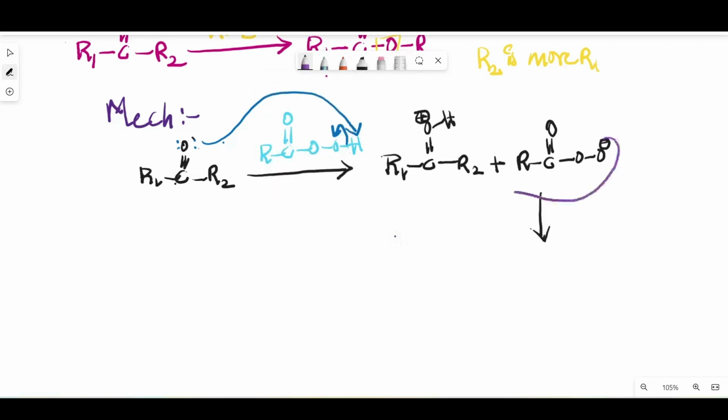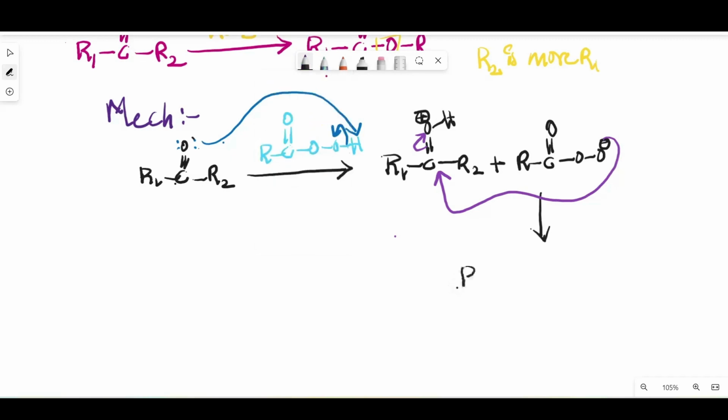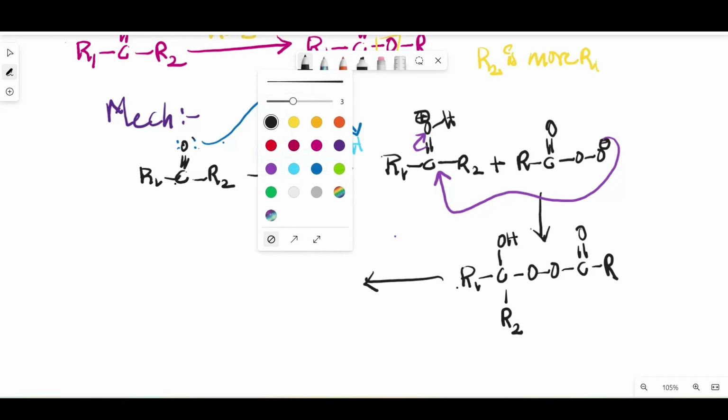So after that this will attack on this carbonyl carbon, and this bond shifts towards oxygen. Then you will get R1C OH, and you can write this R2 here, and then it attacks the OC=O R. Then here is the important step in this reaction.